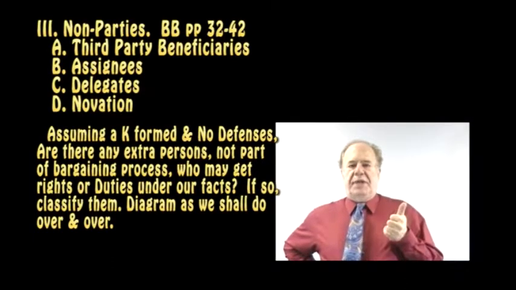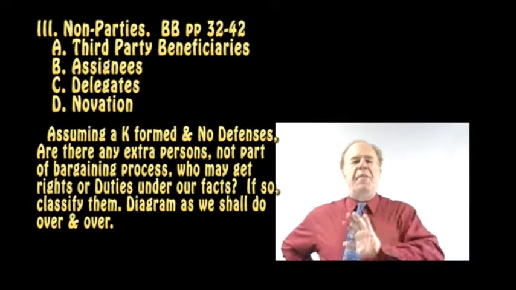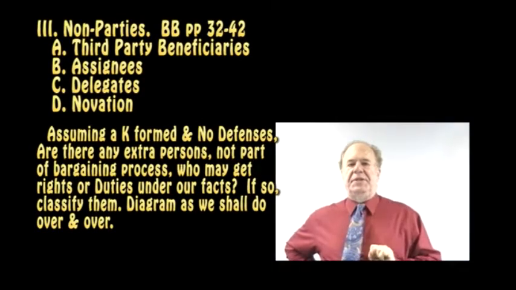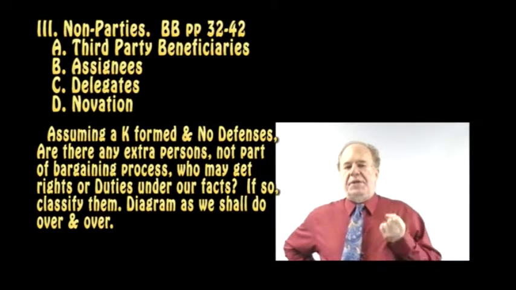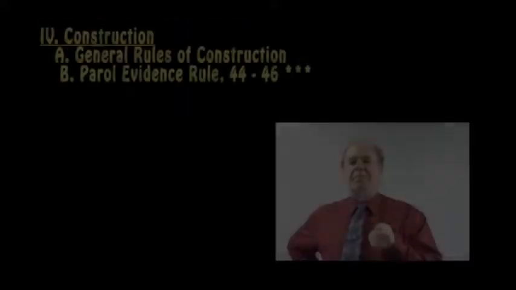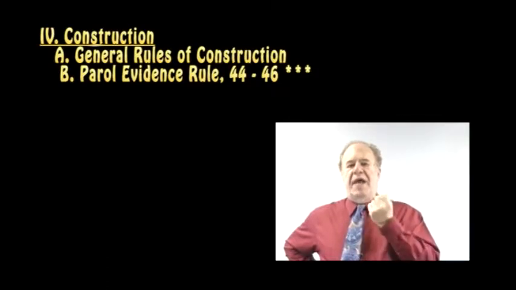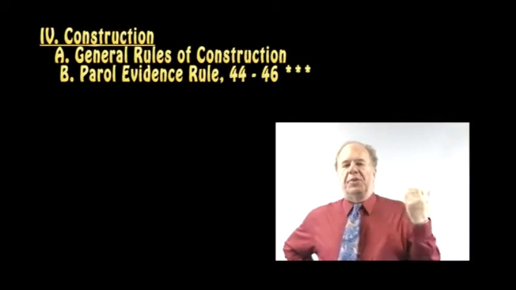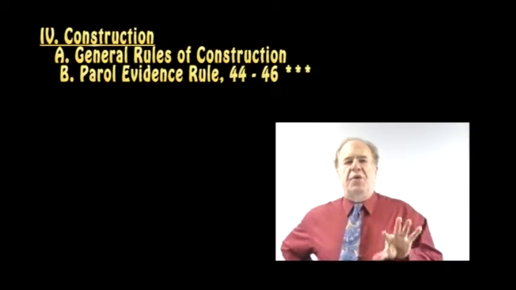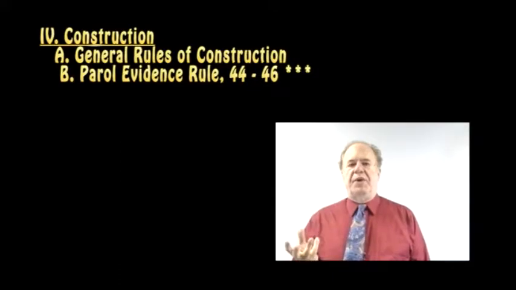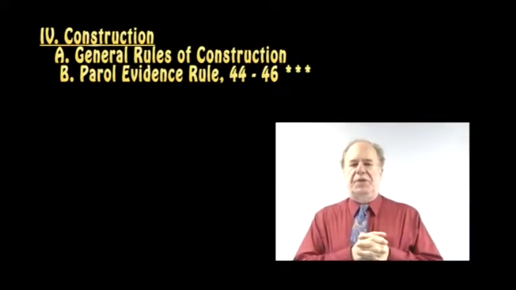Now, we have an enforceable contract, and we know who might have any claims under this contract, the parties and the non-party claimants. But we still don't know what this contract means necessarily. What if we have a writing, but there were some discussions that took place before the writing was signed, or at the very moment that the writing was signed, or some other agreements that were put in writing before the final agreement was signed?